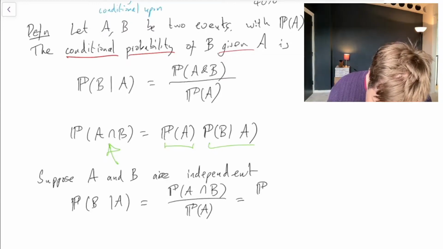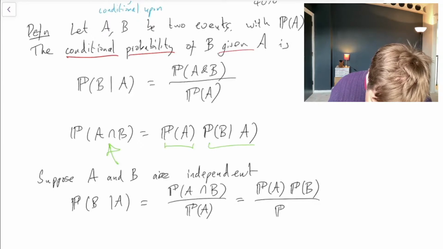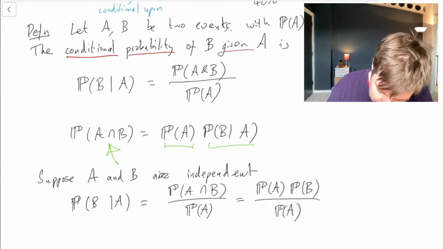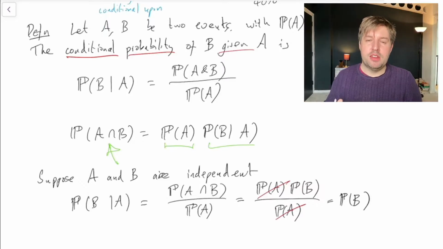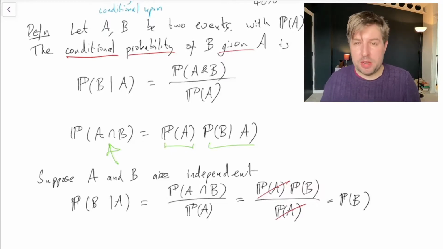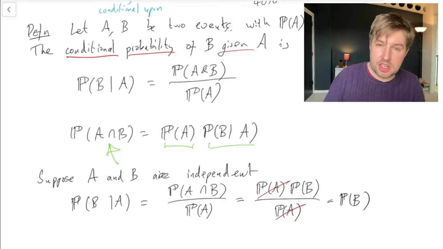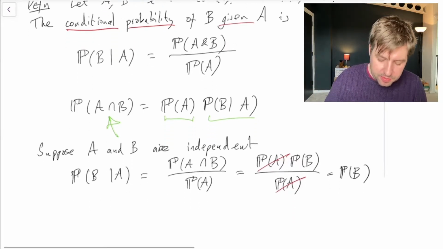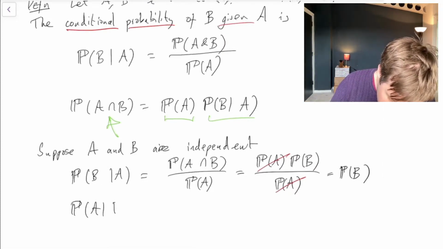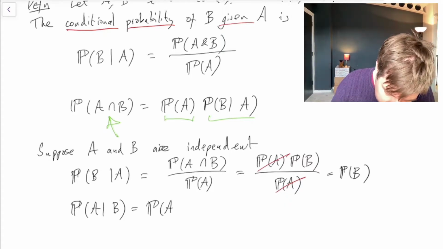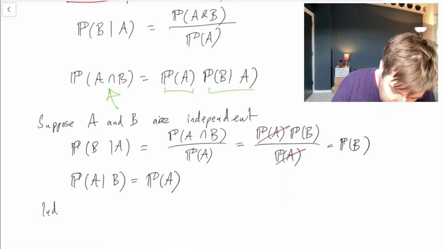So the top here is probability A times probability B. And then we see that the probability of A's here cancel. We just get probability of B. So if A and B are independent, then the probability of B given A is just the same as the probability of B. That is, we haven't changed the conditional probability by learning that A happens. And similarly, if we swap the letters round, we'd also get the probability of A given B is the probability of A. So independent events don't change the conditional probability.